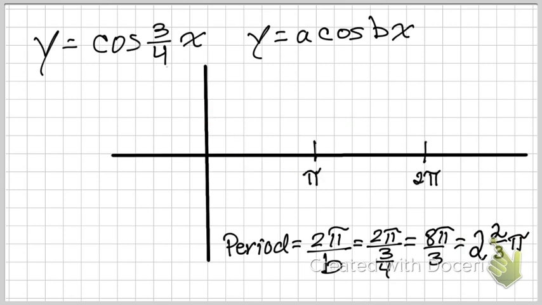I'm going to have my scale laid out here with my pi and my 2 pi. I'm going to have the y scale of 1. Just like I did on the base function, I'm going to start at y equals 1. Now, I need to draw this so that it goes through that cycle in 2 2/3 pi. So I'm going to have to do some counting here.